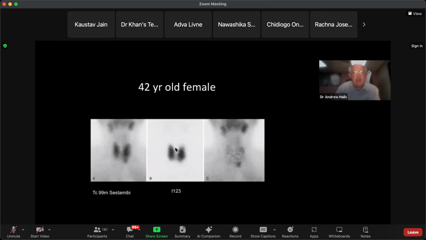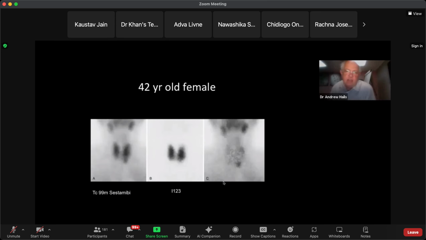And then you take B away from A and you get C. It just demonstrates more easily that you've got an area of uptake that isn't thyroid, that in fact is parathyroid. That's quite often used in nuclear medicine. You use different radiopharmaceuticals and you take one image away from another to show something. So that is an area of a parathyroid adenoma.